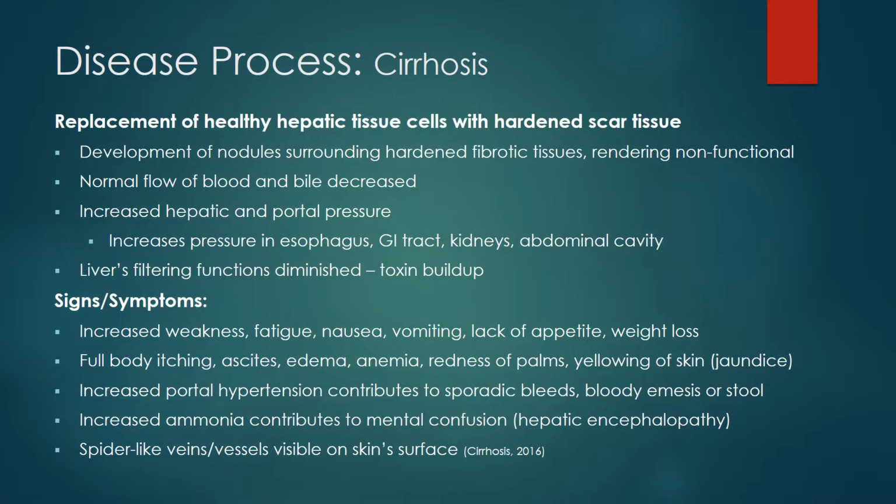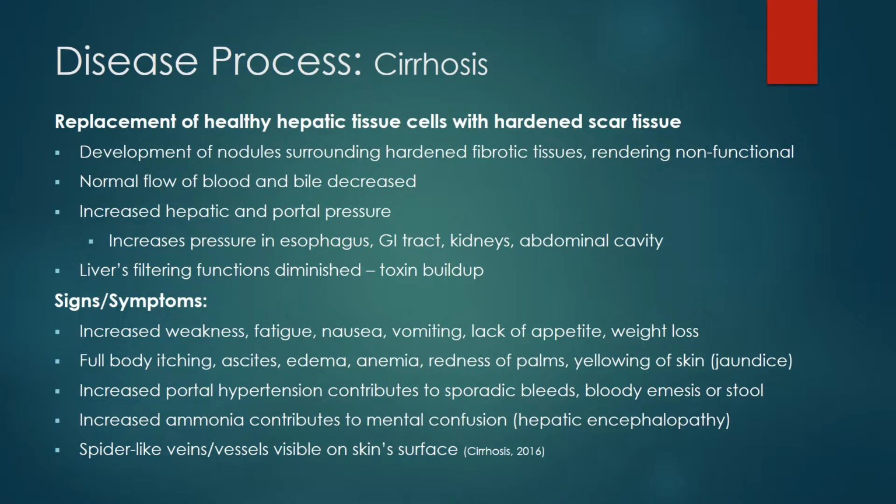So anywhere that pressure builds up, there exists an increased risk for sporadic bleeding within those areas, because the body still has to process the same amount of blood through all of these various areas, but with increased pressure and flow behind it now.